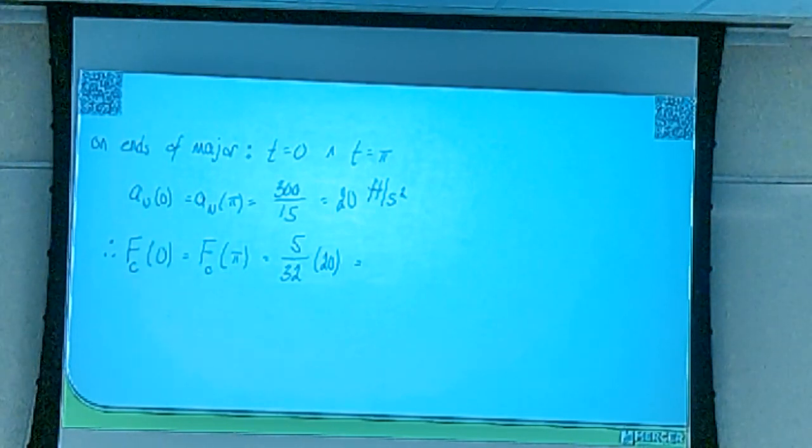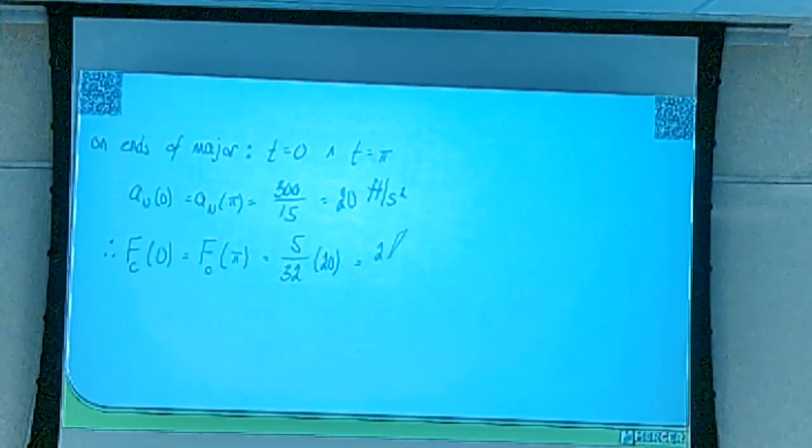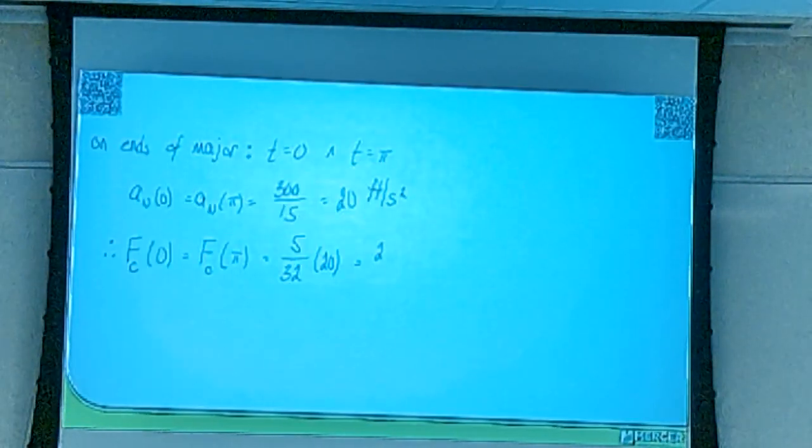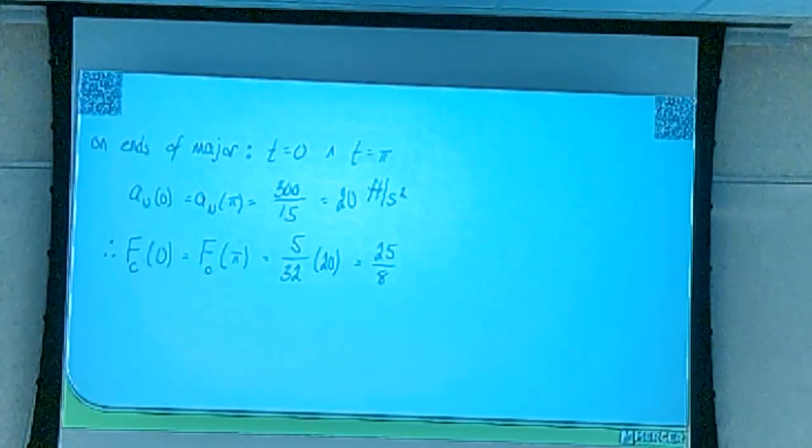Five over 32 times 20. Isn't that just 25 over 8? And what's the unit? Pounds. 25/8 pounds.